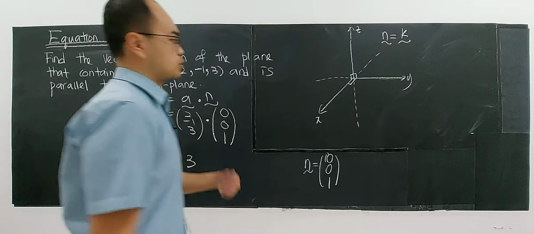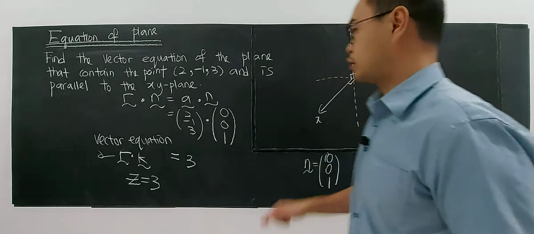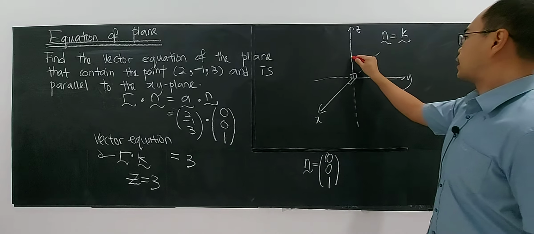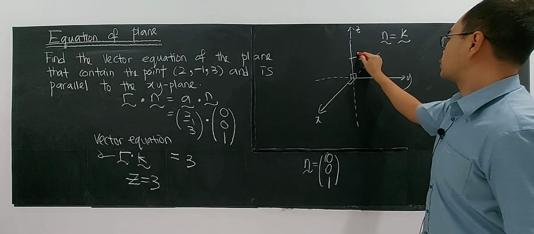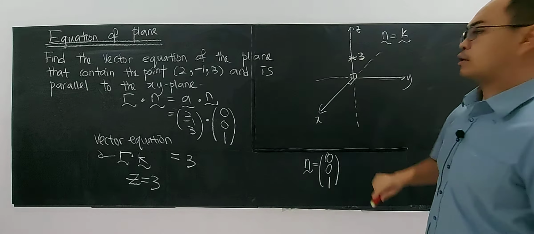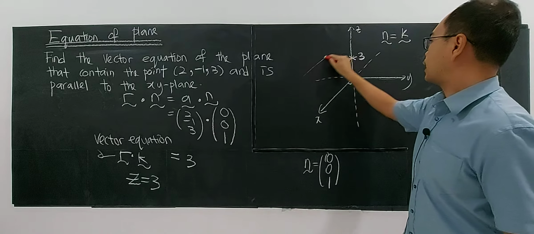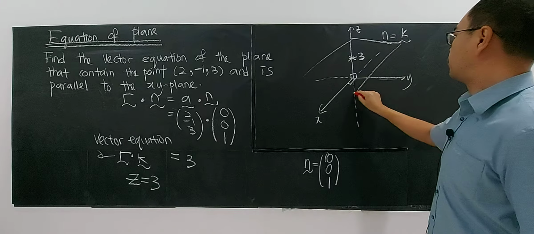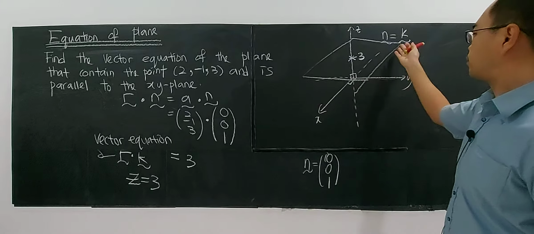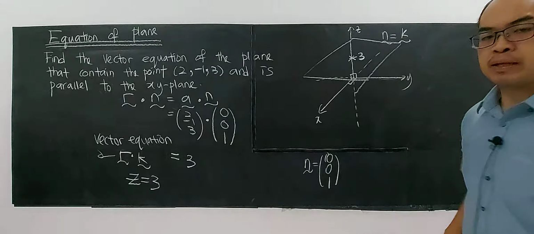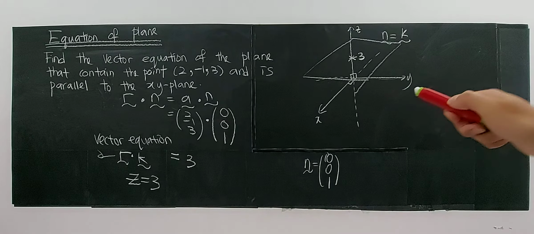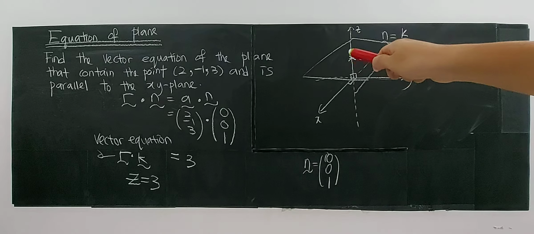So what is z equals 3? Z equals 3 is a plane. Let's say you have a tree, you have 3 on the plane. So here, I have a plane above the xy plane. Can you see that? It's very hard to draw the 3 dimension.